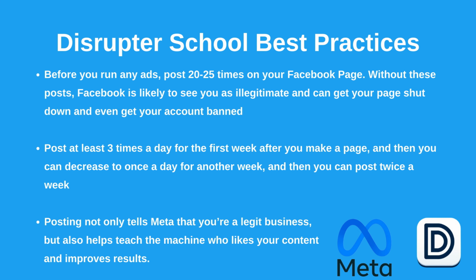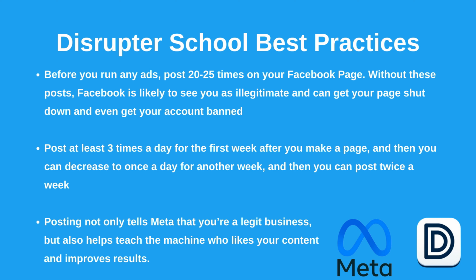Now, I have some best practices for you here that I want to cover before we move on. First, before you run any ads, post 20 to 25 times on your Facebook page. Without these posts, Facebook is likely to see you as illegitimate and can get your page shut down and even get your account banned.